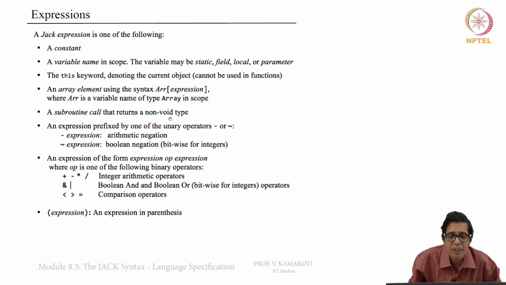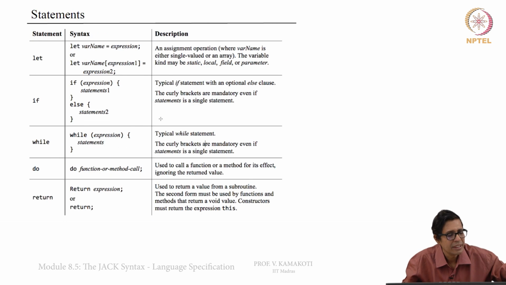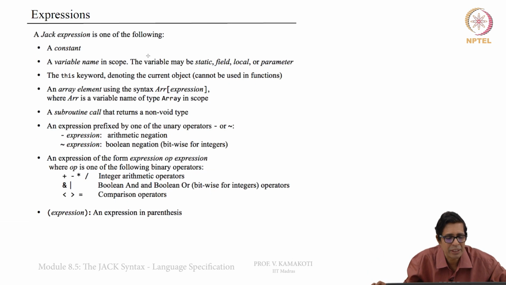A subroutine call that returns a non-void type, please, is also an expression. So, I could have, suppose this is an integer, let i equal to GCD of a comma b, that is a subroutine call, right. So, these are all some basic entities of an expression. Till now we have not seen the word expression itself, but see here, you are seeing this, right.